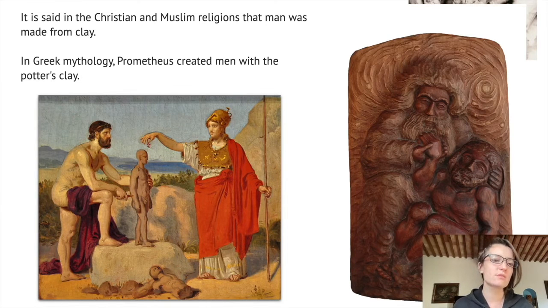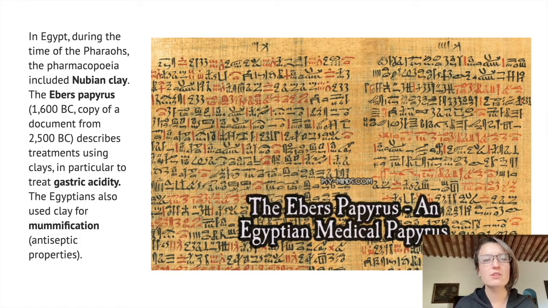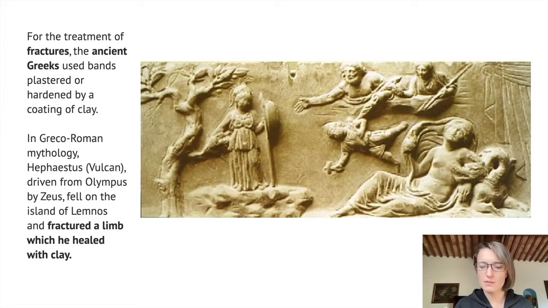It's the same in Greek mythology. Men were made from clay. It was used at the time of the ancient Egyptians. They were using it for gastric acidity and for mummification. As I was saying, the ancient Greeks were using it for fractures. When they would break a bone, they would heal it with clay.